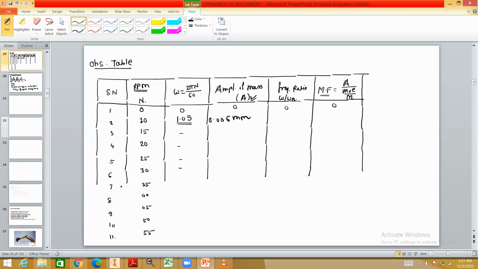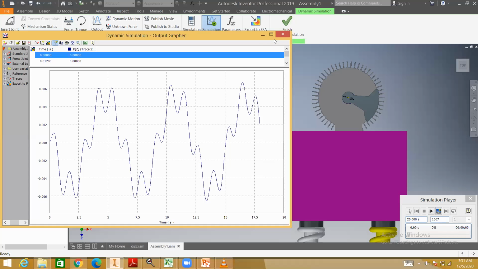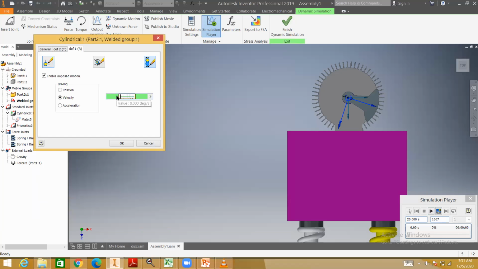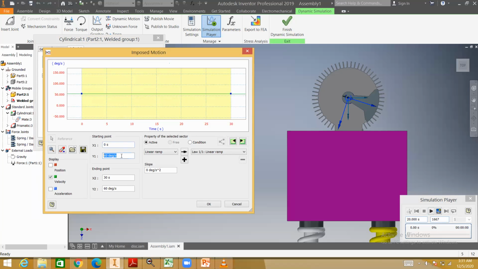Just I will shift the speed directly, so I will give the in between readings. Now just consider the RPM 35. So for 35 RPM, degrees per second will be 210.